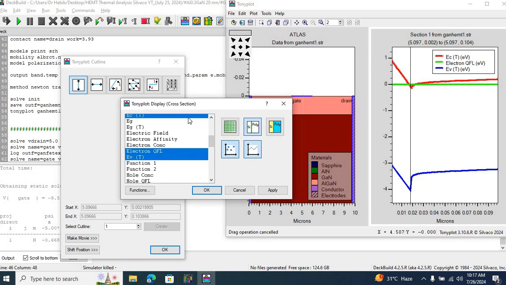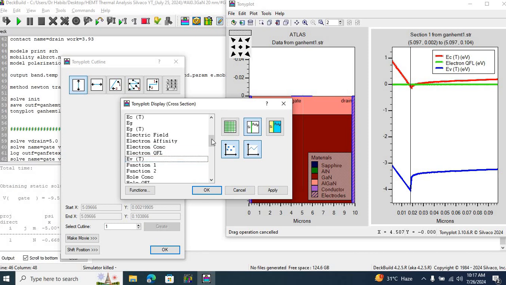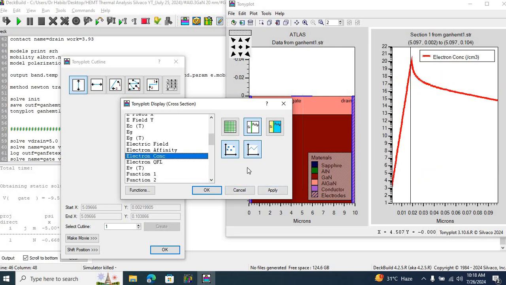Also, I want to see the electron concentration.